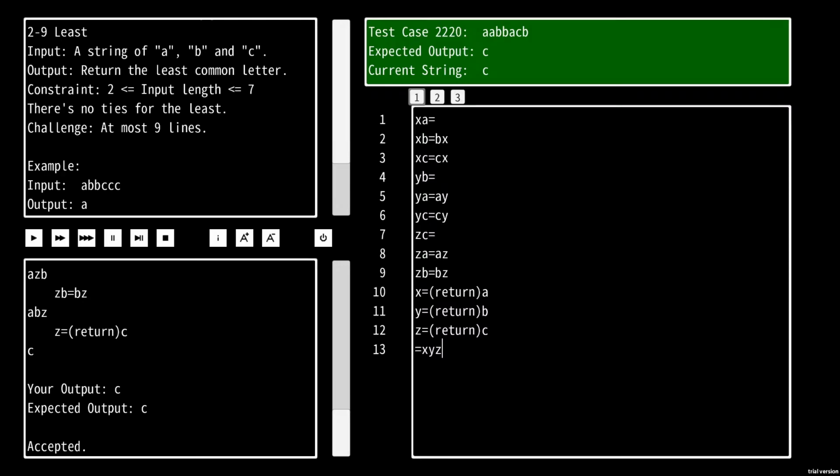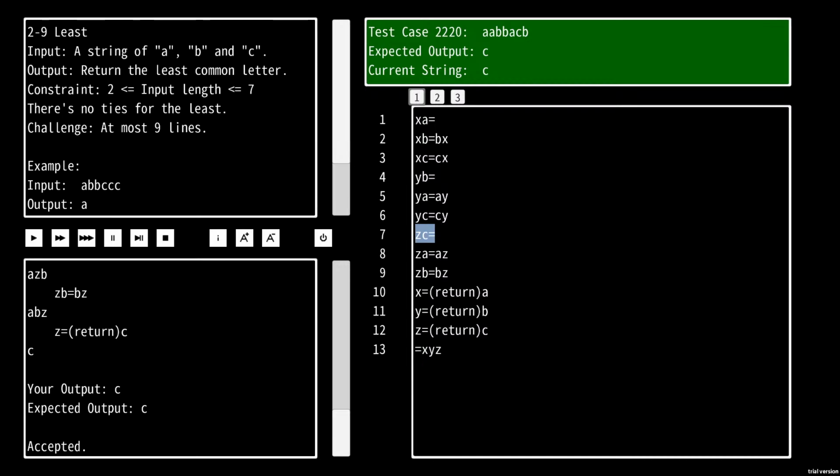Actually, that might be a key insight, right? XA is always going to be nothing. XB is going to be BX. That's fine. XC is CX. That's also fine, I think. But, for example, YA equals AY. Or no. Right. Let's think about it.